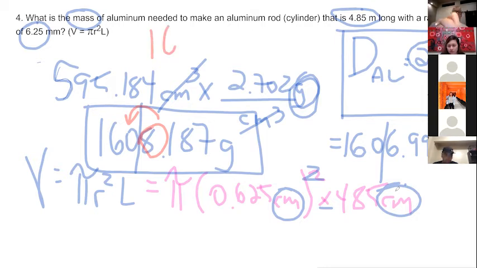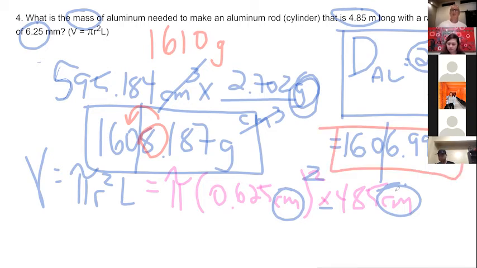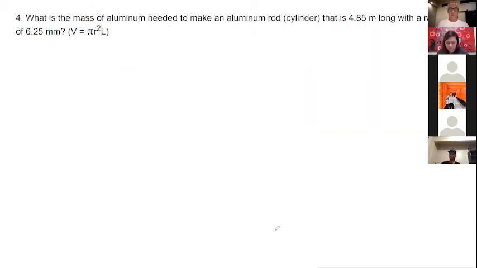So we have 1,610 grams. Excellent job. Even if you'd made a slight mistake with the calculation, you still get the right answer, so you would still get full marks. It didn't affect it. So there you go.